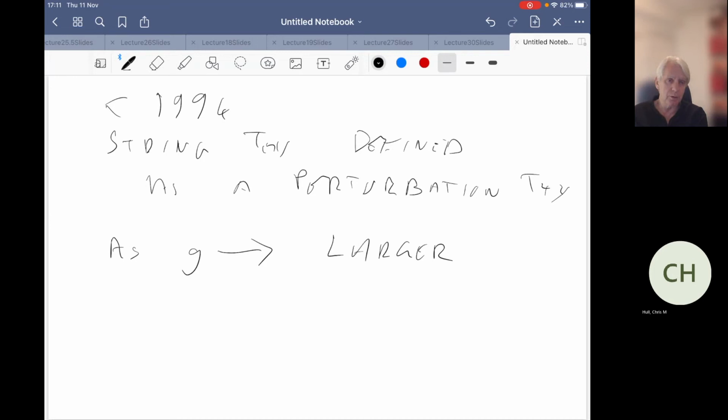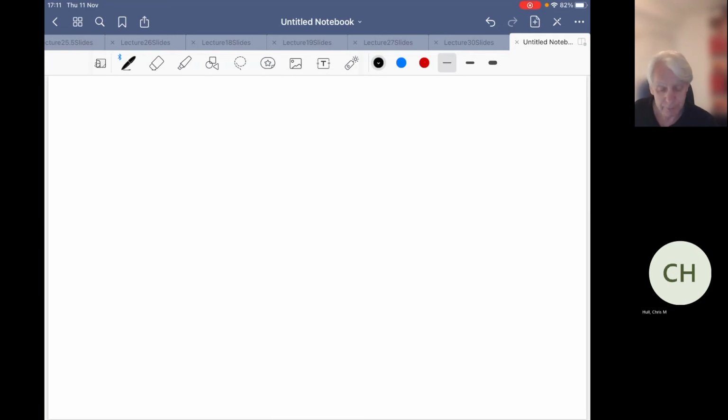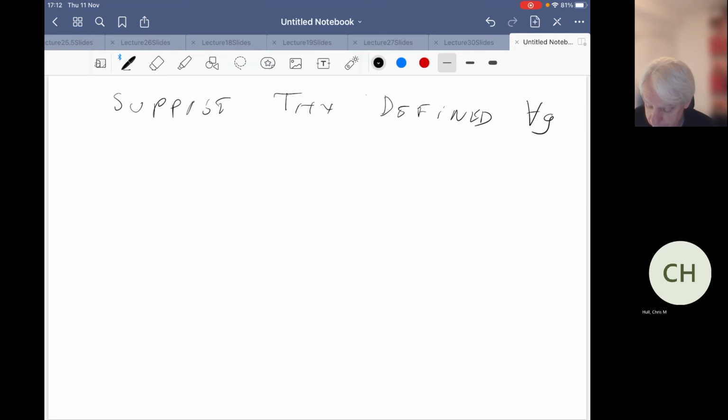Another related question is whether the theory is actually defined for all values of G, the coupling constant, or whether there's some maximum value of the coupling constant, and what happens as one turns that up. So suppose the theory is defined for all values of the coupling constant.